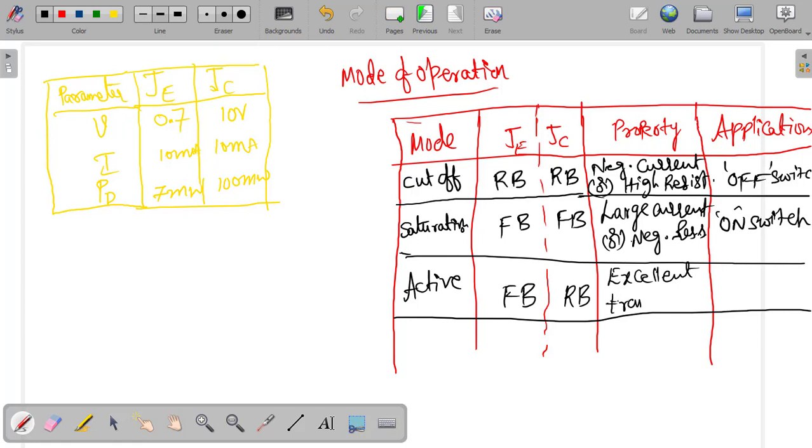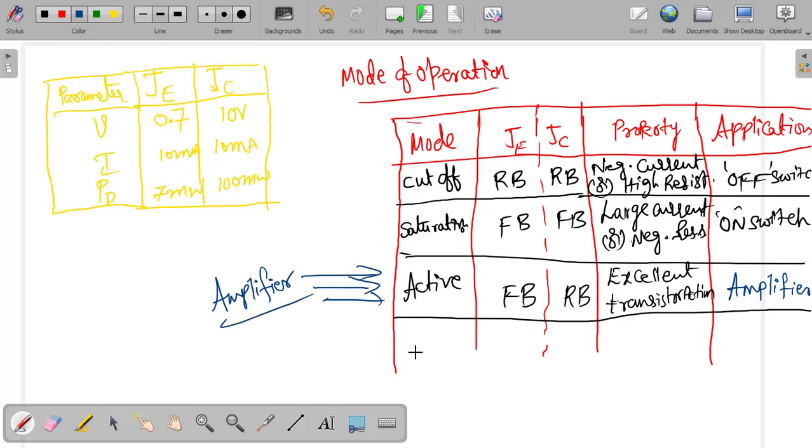Here the transistor will have the best transistor action. Here the transistor acts like an amplifier. Very, very important. In this subject we will be focusing not on the on switch or off switch, but on the application of amplifier, how the transistor is used as an amplifier.